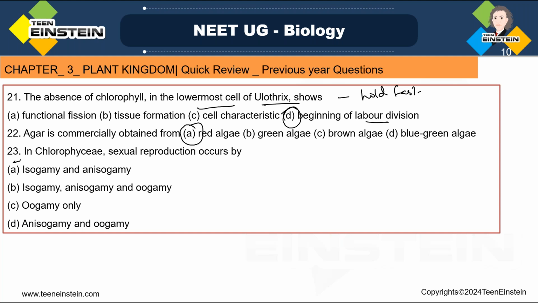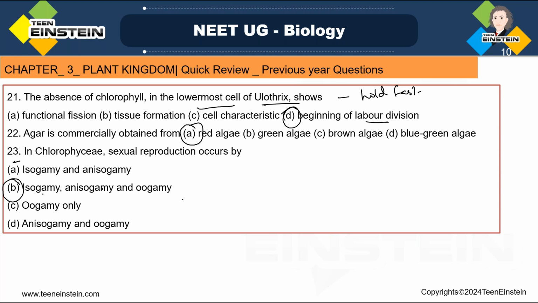Question number 23. In Chlorophyceae, sexual reproduction occurs by: option A, isogamy and anisogamy; option B, isogamy, anisogamy and oogamy; option C, oogamy only; option D, anisogamy only. Option B is the right answer.